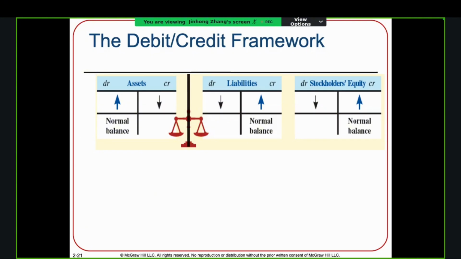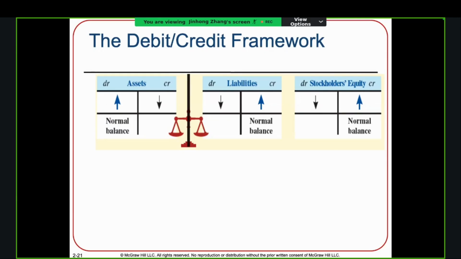And then when you decrease, it's called a debit. So liability and assets are reverse. Stockholders' equity is the same as liability. When you increase, it's on the credit side, on the right side. And when you decrease, it's on the left side. Okay, is this confusing enough?